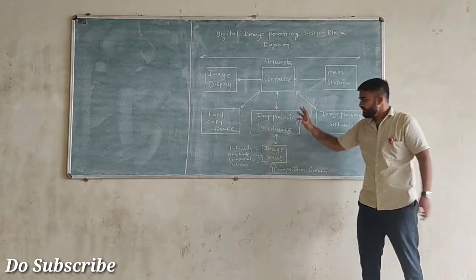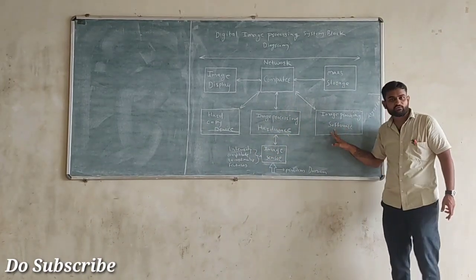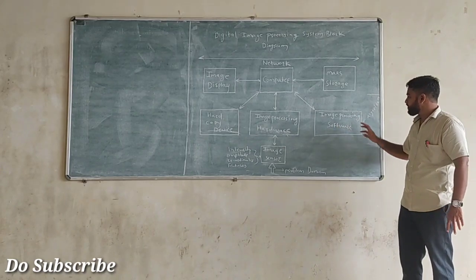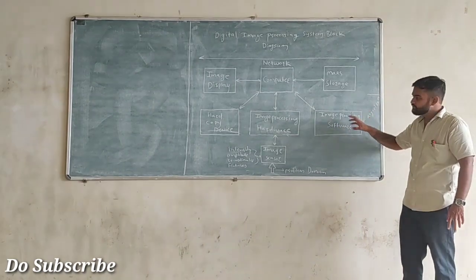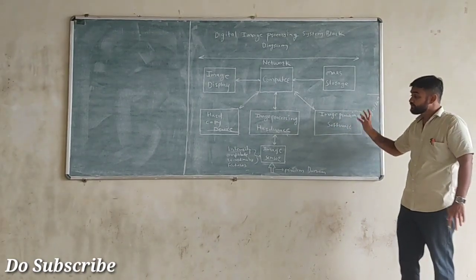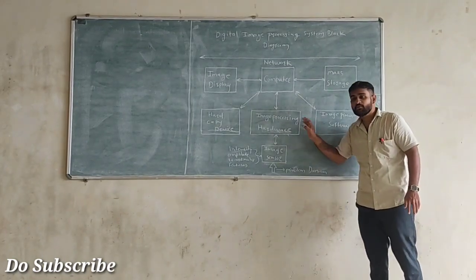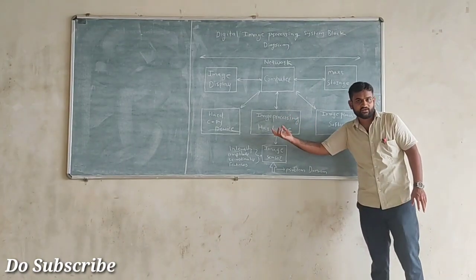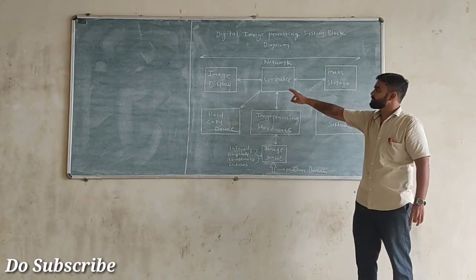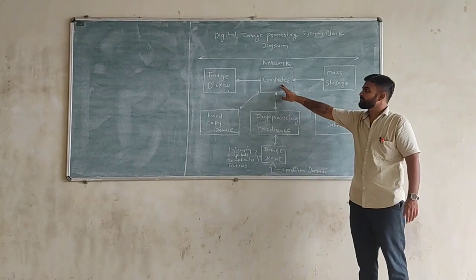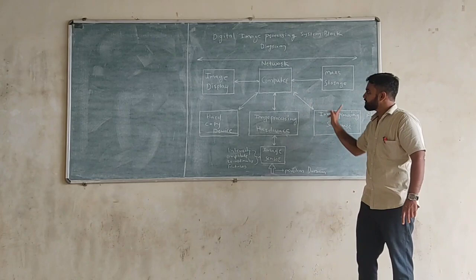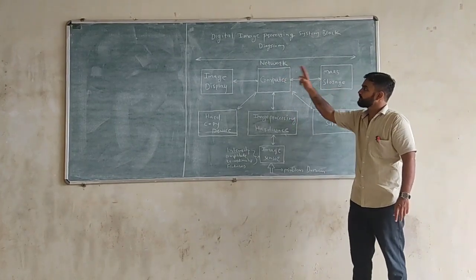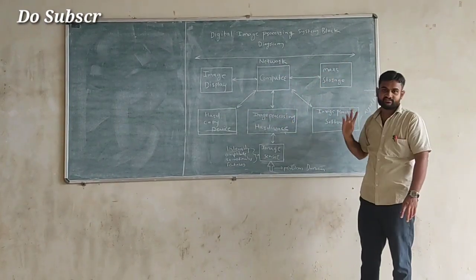Whatever we have to do is in the image processing software, which is a combination of algorithms used for converting your image into different forms. Then we have the general purpose computer, which collaborates and controls all the sections of the digital image processing system.